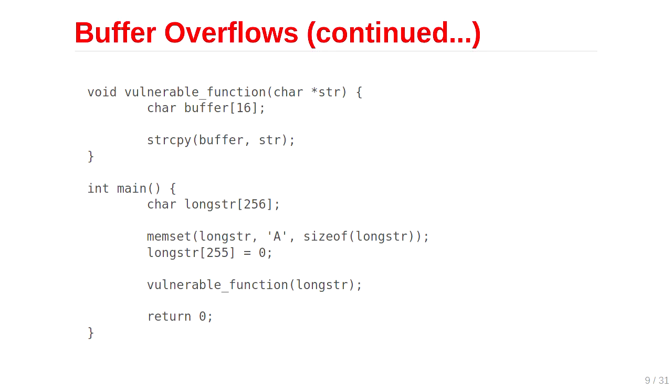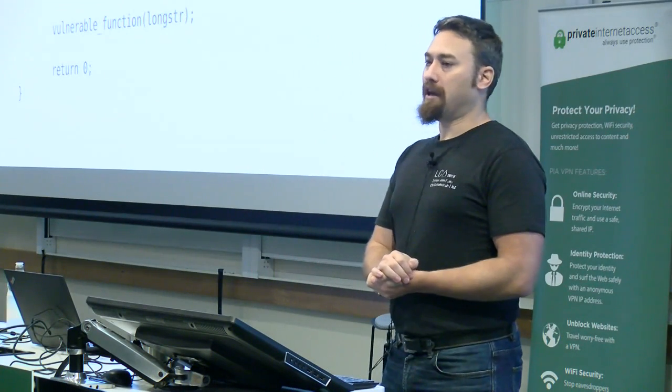And then we call into some function. Now, this function happens to have declared a buffer with 16 bytes. The people who have had coffee this morning will note that 256 is somewhat larger than 16. And lo and behold, we then call a function called strcpy or strlcpy. And we're saying basically copy this string over from one location to another. Now, of course, this is going to simply run off the end.